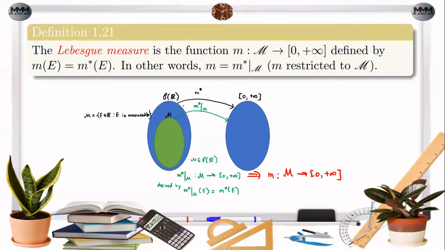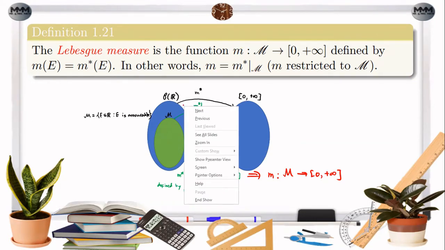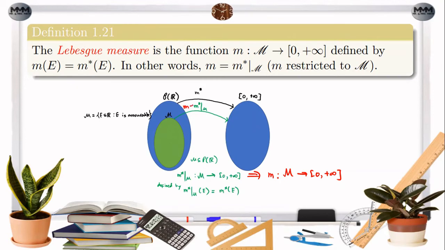Now take note here that we let this be m, our new obtained function. Hence, the definition now is m of E is equal to m star of E. So we have this one.